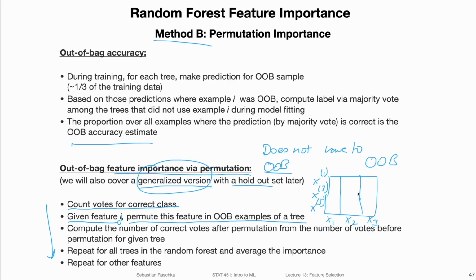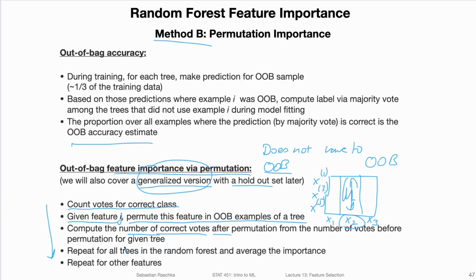What we do is pick a feature, let's say feature J is feature 2. We pick it and randomly shuffle all the values in this column, right? And then after we shuffled these values, we count the number of correct votes again, after permutation.